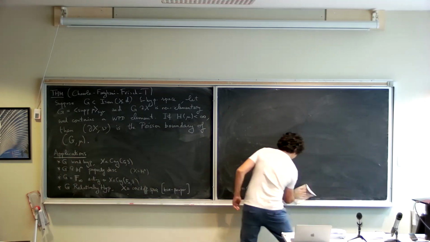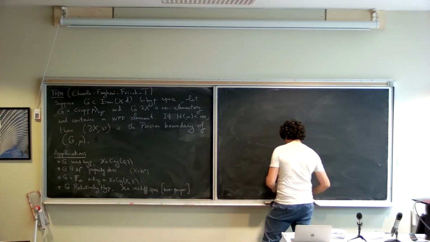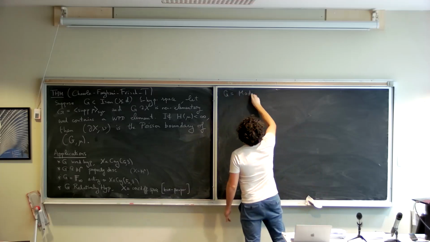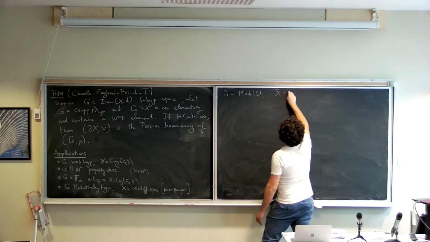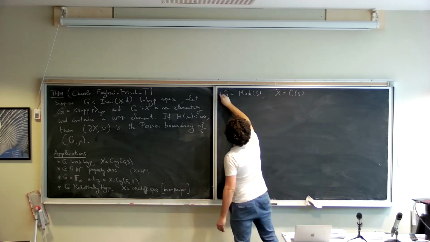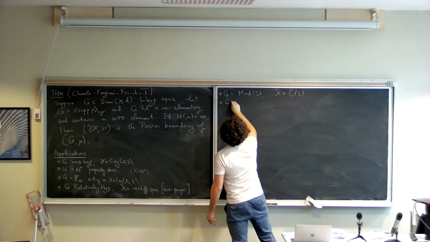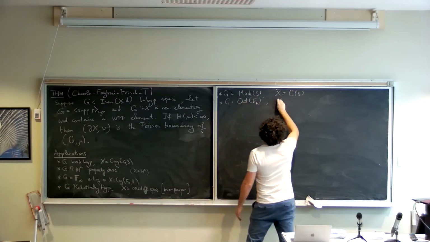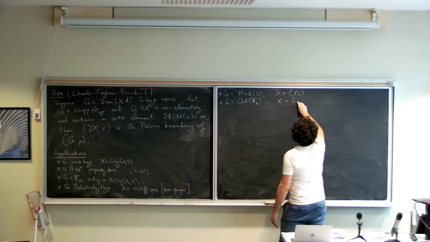Let me just write them. So you have G the mapping class group acting on the curve complex. G is Out(F_N) acting on the free factor complex.